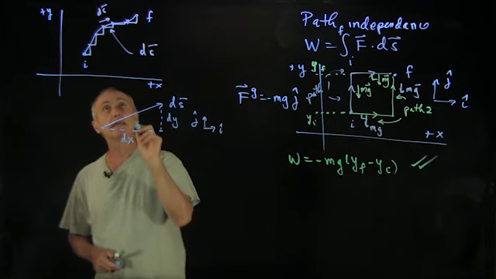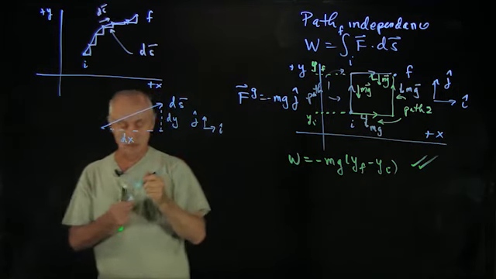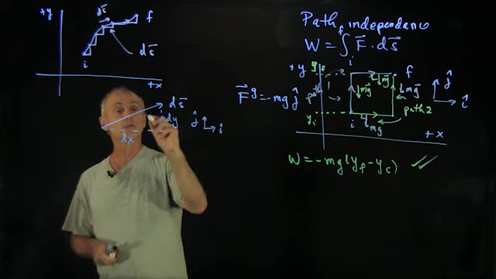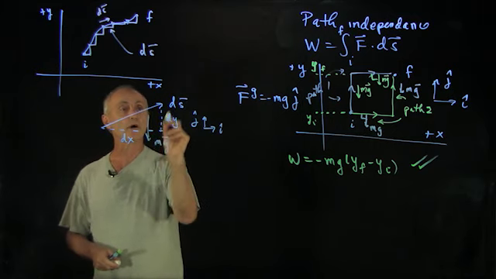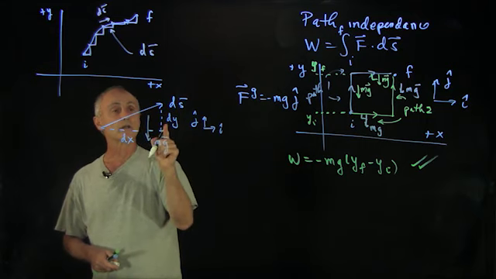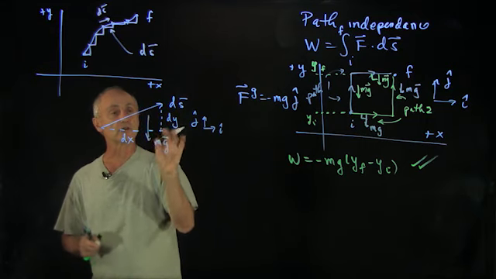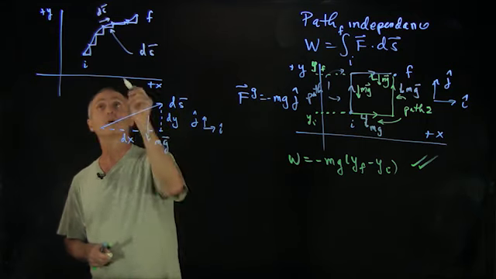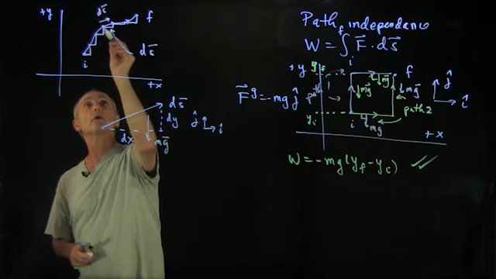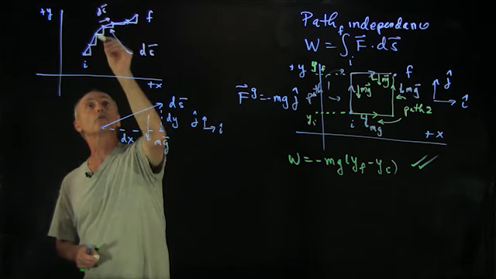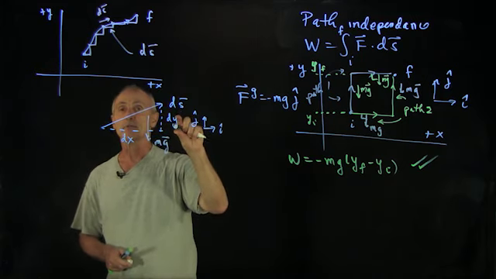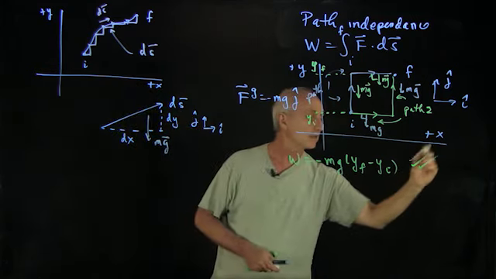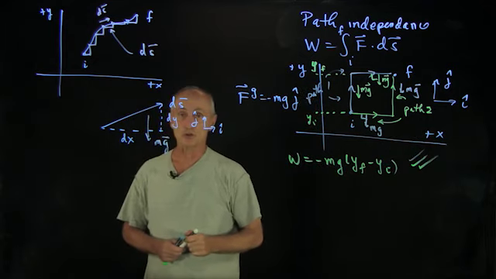And so we see again that when we compute this work and our gravitational force is downward, then the dot product in the horizontal direction is 0, only the vertical part counts. And so when we add up the work along these horizontal and vertical pieces, only the vertical piece counts. We're just adding up the dy's until we get y final minus y initial.